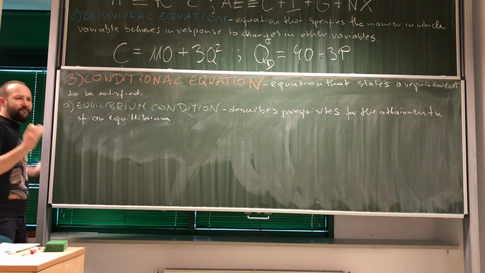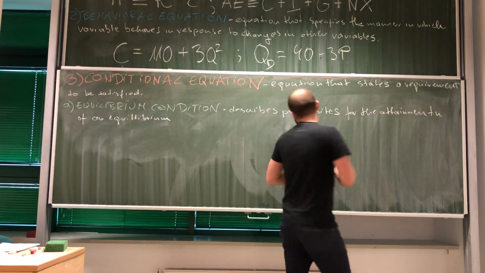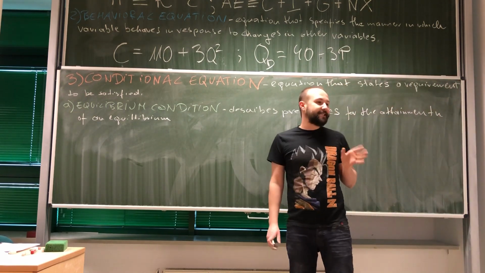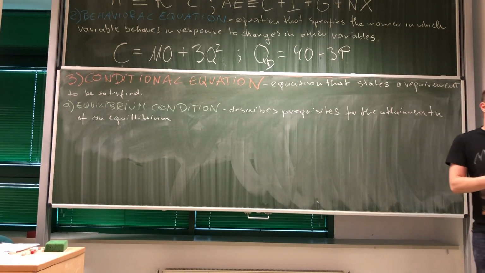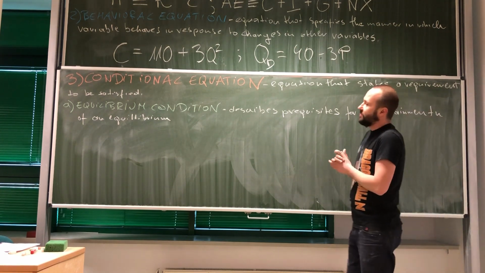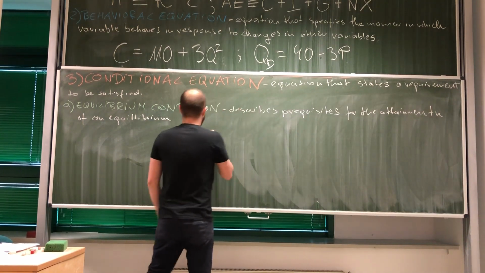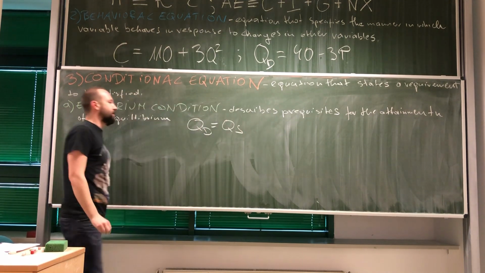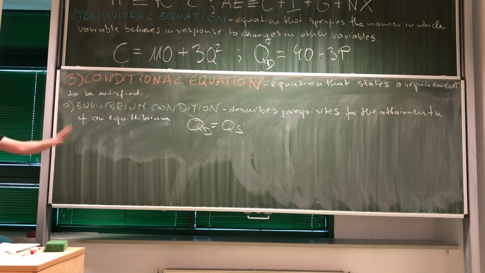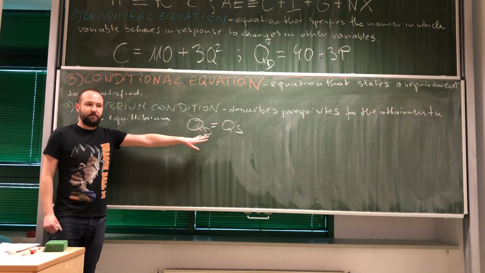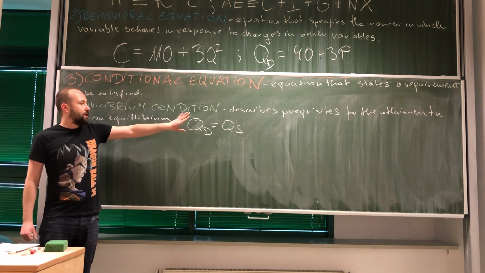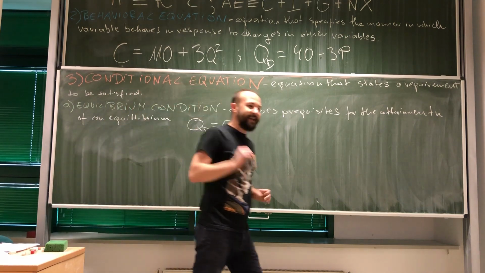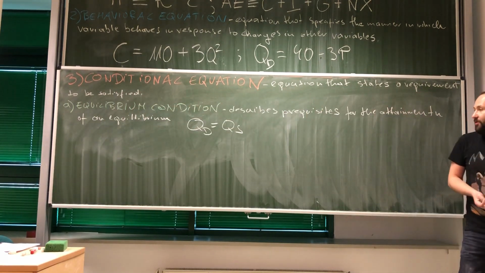So, you definitely know a lot of equilibrium conditions from microeconomics. Maybe not a lot, but at least a couple. What is the example that you should definitely know is this. Quantity demanded equals to quantity supplied. This is an equilibrium condition, so only if this is satisfied, we will have equilibrium quantity and equilibrium price on the market.